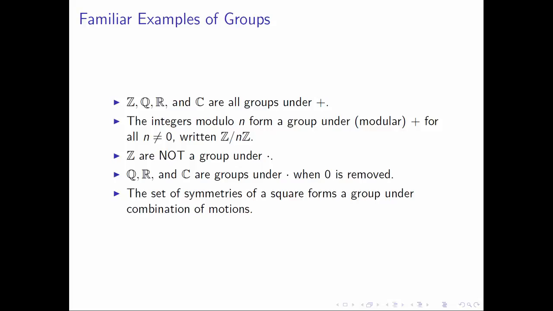This is something that's fairly intuitive. If you take a square and you rotate it by 90 degrees clockwise, you can undo that motion by rotating by 90 degrees counterclockwise. And so this should be intuitive and line up with the example that my classes worked.